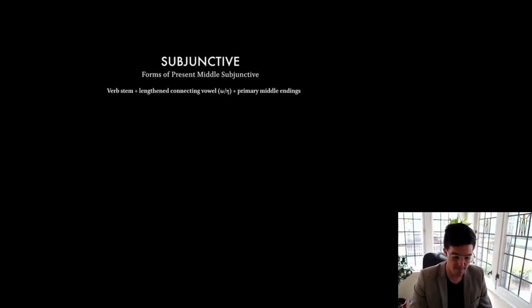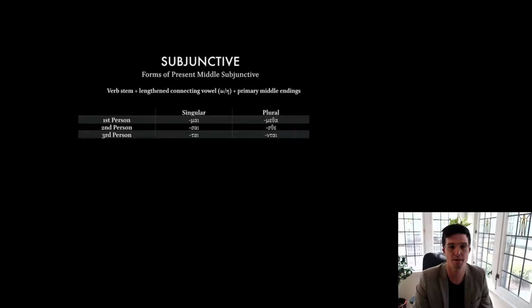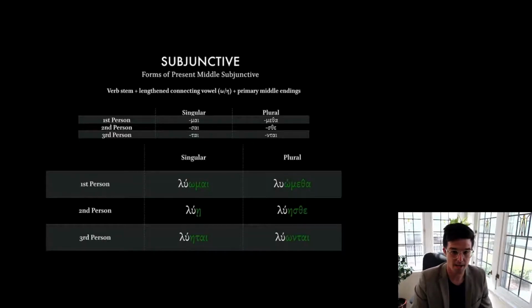So our present middle subjunctive, remember our lengthened connecting vowels, our key to identification. We have the verb stem with that key to identification, and then those primary middle endings: mai, sai, tai, metha, sthe, ntai. Notice again, we have those on our endings here with the primary changes, or the most different looking form in the second person singular here.